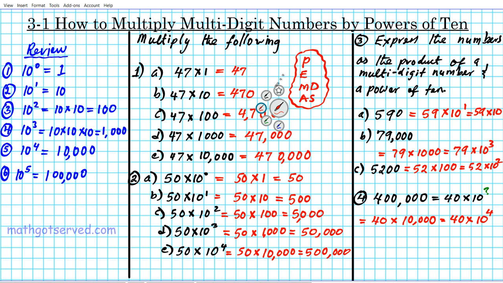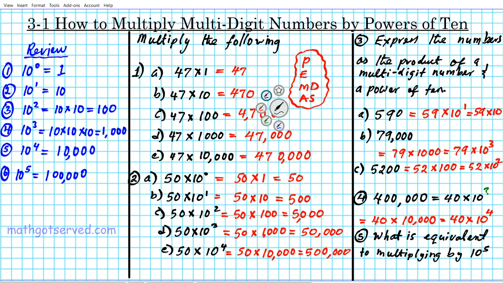All right, one more question, and then we'll give you some practice problems to try out. Number 5, what is equivalent to multiplying by 10 to the 5th?